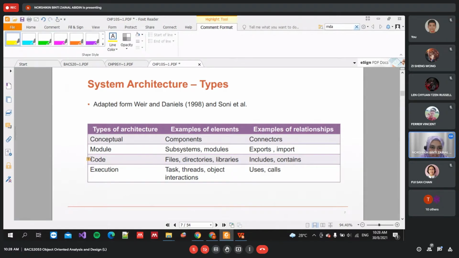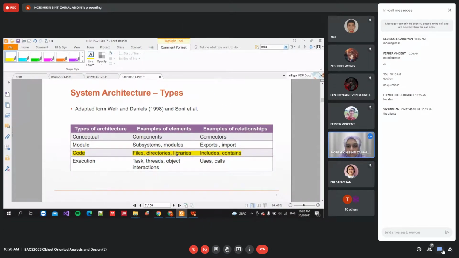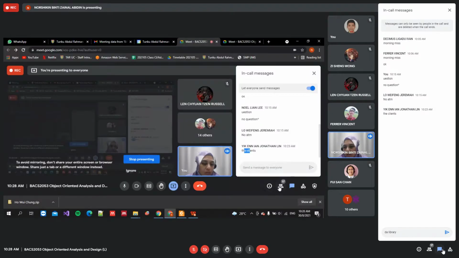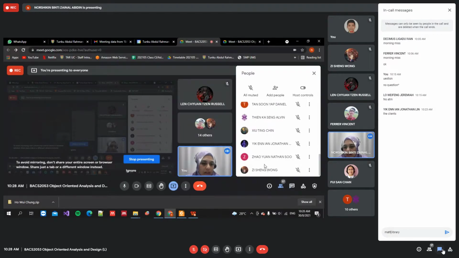For code, I want to know, can anyone give me an example of a library that you usually use in your code, since we are on this subject now? So here in code, we have files, directories, and libraries, with include and contents. How do you apply this? What is a library actually? Student, what is a library?